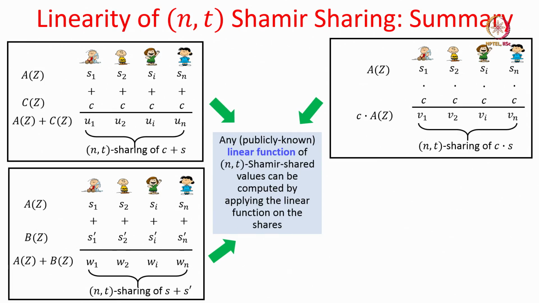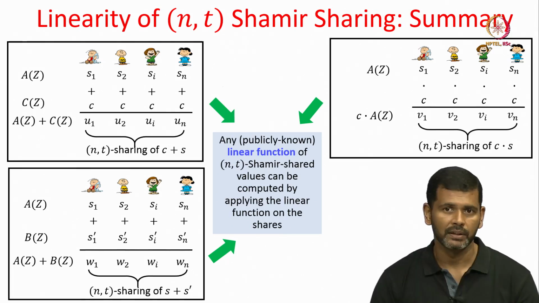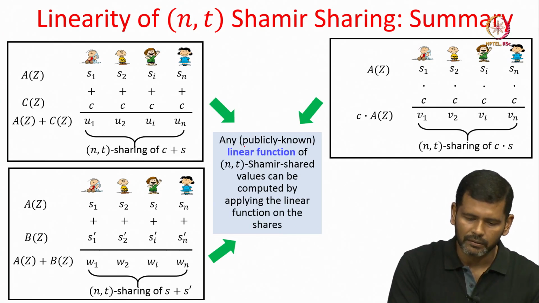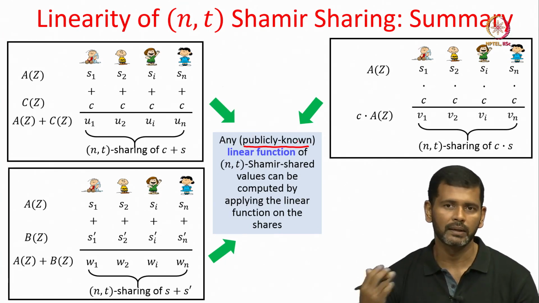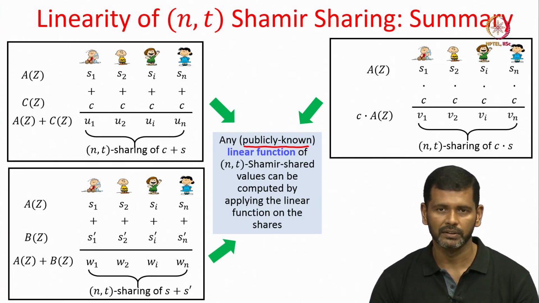We had seen earlier that Shamir secret sharing has a very nice linearity property: if you have secret shared inputs, you can compute any publicly known linear function of those secret shared inputs without requiring any interaction among the parties.